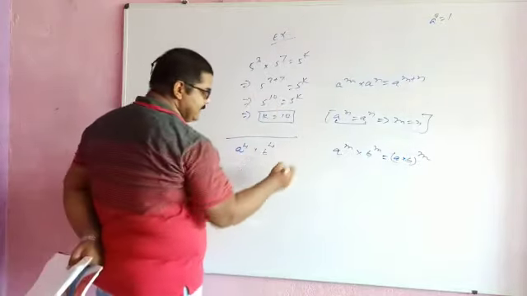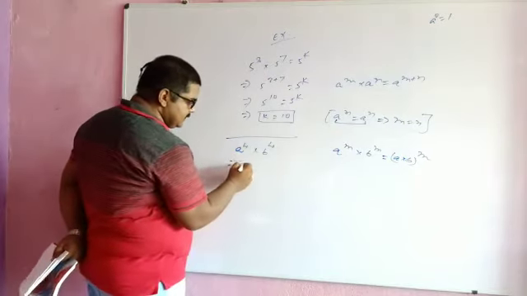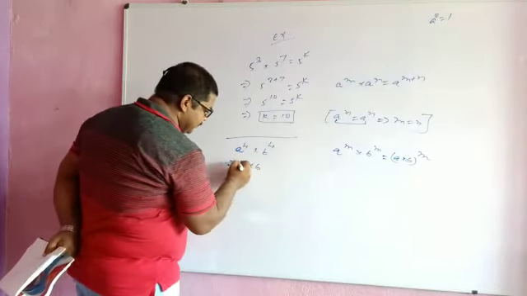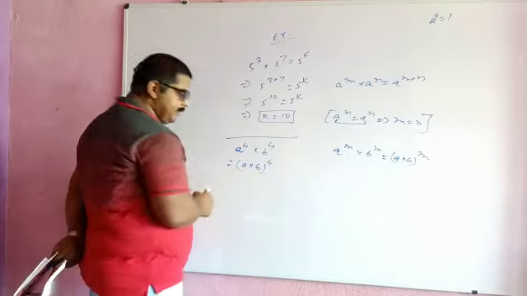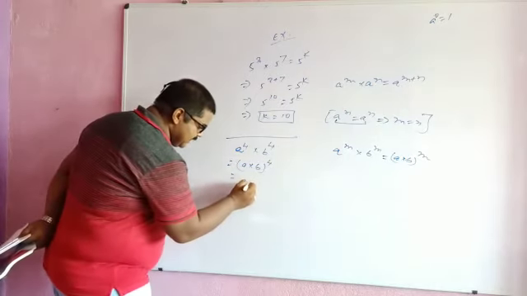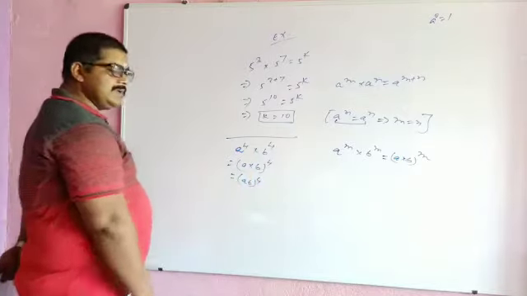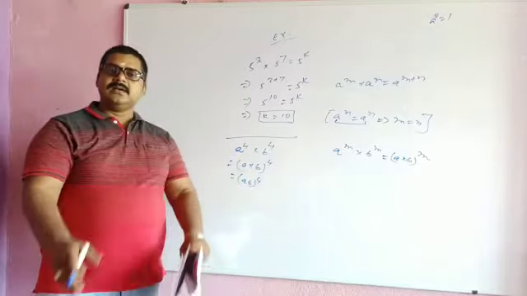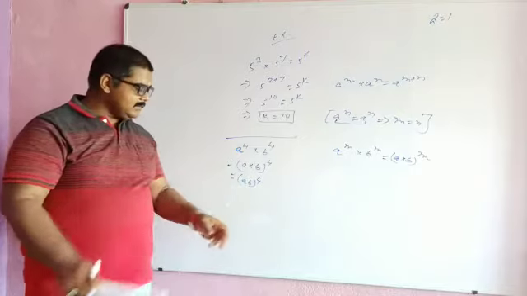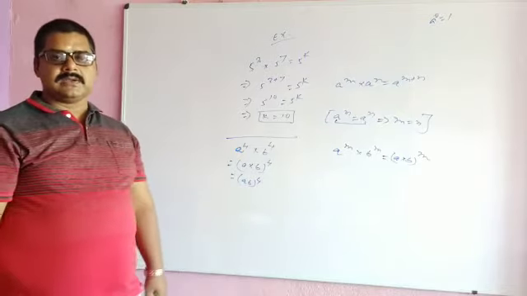By utilizing this formula, you can see that a into b, whole to the power 4, means ab whole to the power 4. That is the solution of this question.